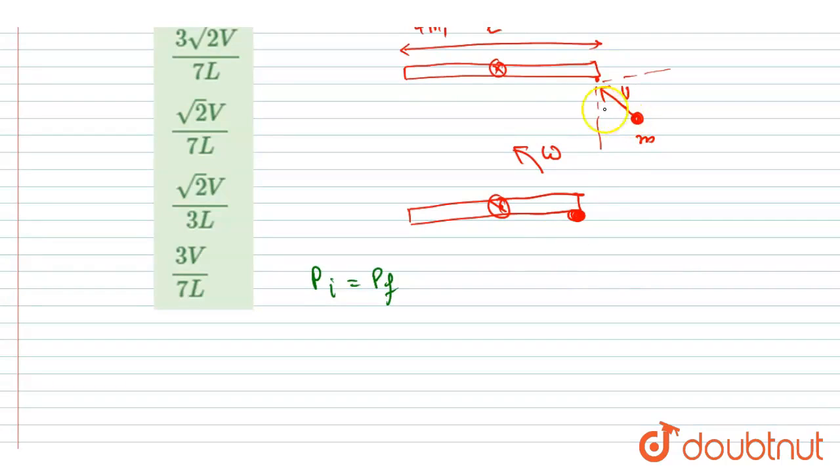Initially the rod was stationary but the ball was moving at an angle of 45 degree, right? So if this angle was 45 degree, this component was mv by root 2 and this was mv by root 2, right? And this distance is L by 2.